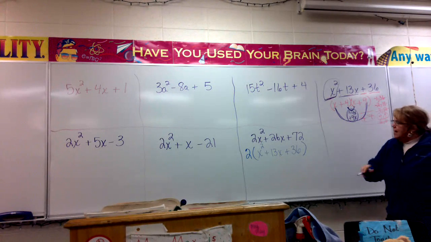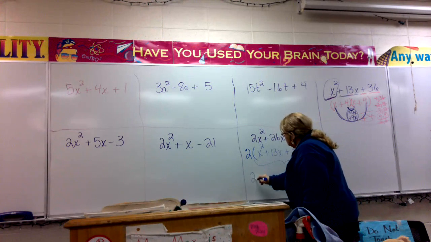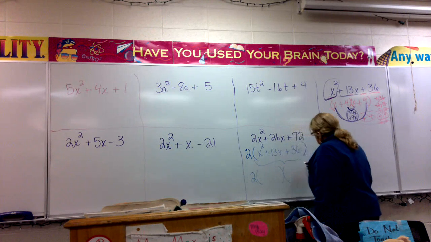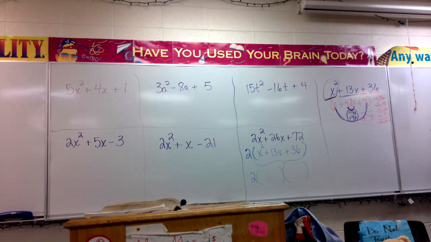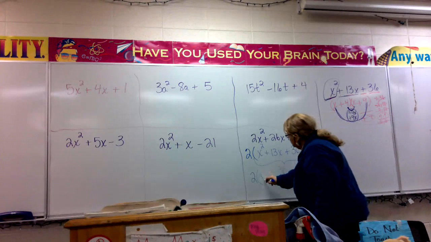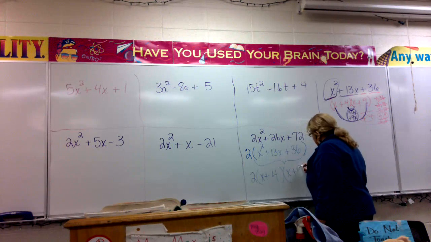And once you take it out, then what you have here, you have to see if you can factor that. Can you factor that? Because that's the one I just did right here. Just did that one. So do I have to do it again? It'll factor into x plus 4, x plus 9.